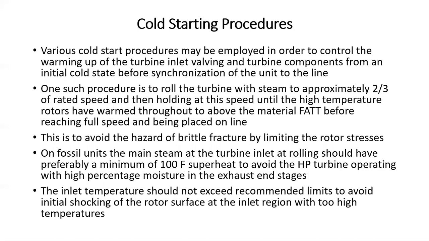The inlet temperature should not exceed recommended limits to avoid internal shocking of rotor surfaces at the inlet region with too high of temperature. So you want 100 degrees of superheat, but you don't want to go too high, or you can shock the components.